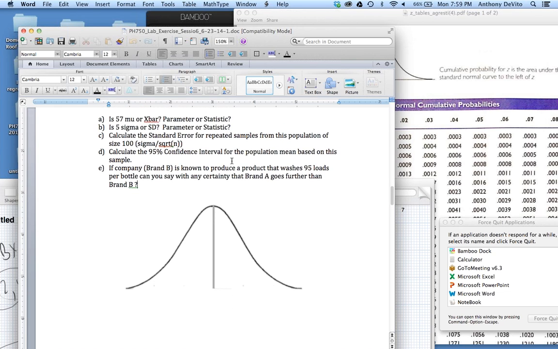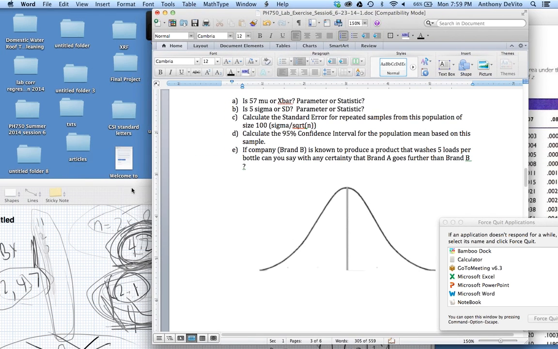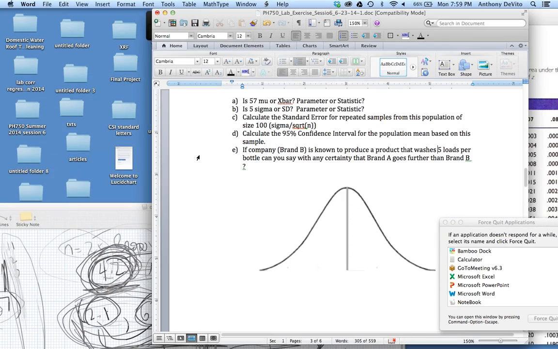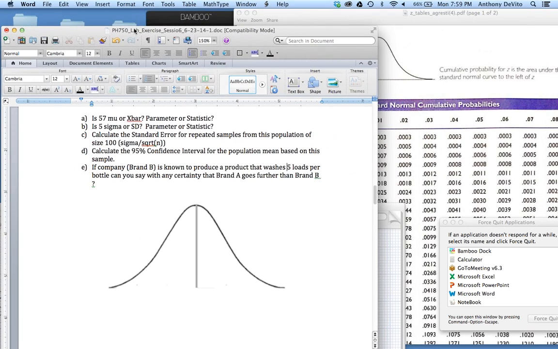Let's see. We said 95 is wrong. Can't be 95. Too big a difference. What was our confidence interval again? I forget what our confidence interval was. 56 to 58. So I'm going to say 59. Oh, I reversed the numbers. It's 59.